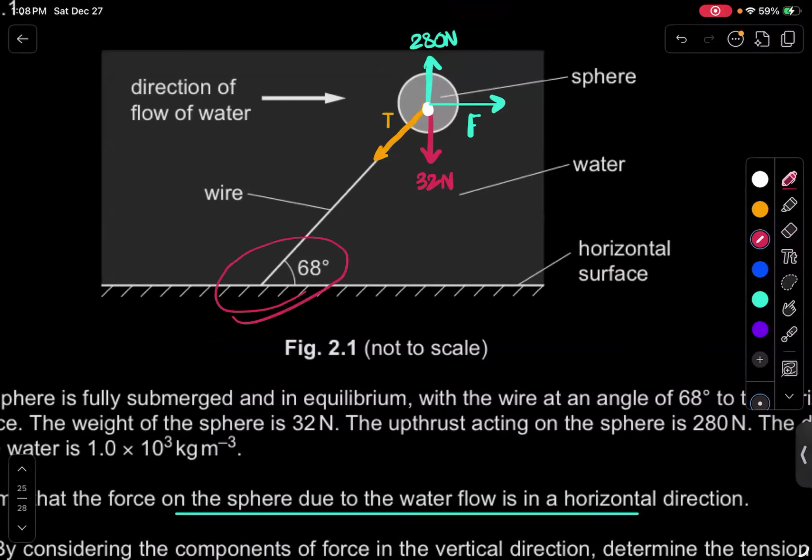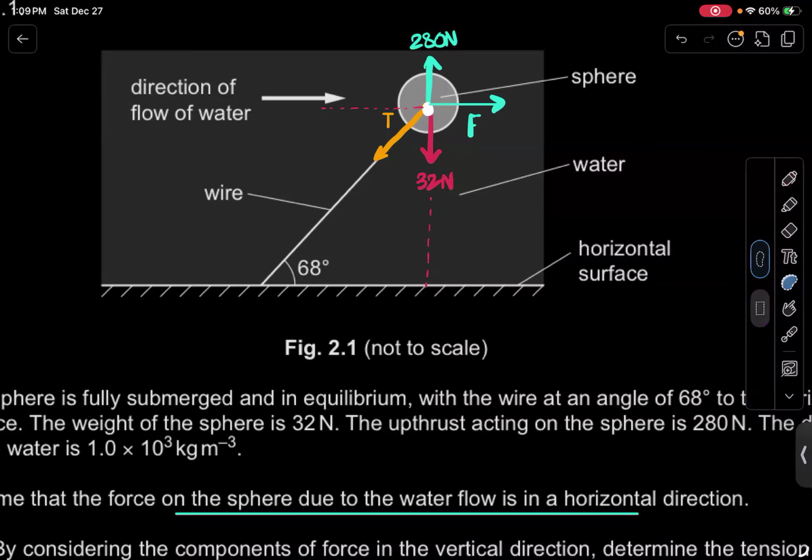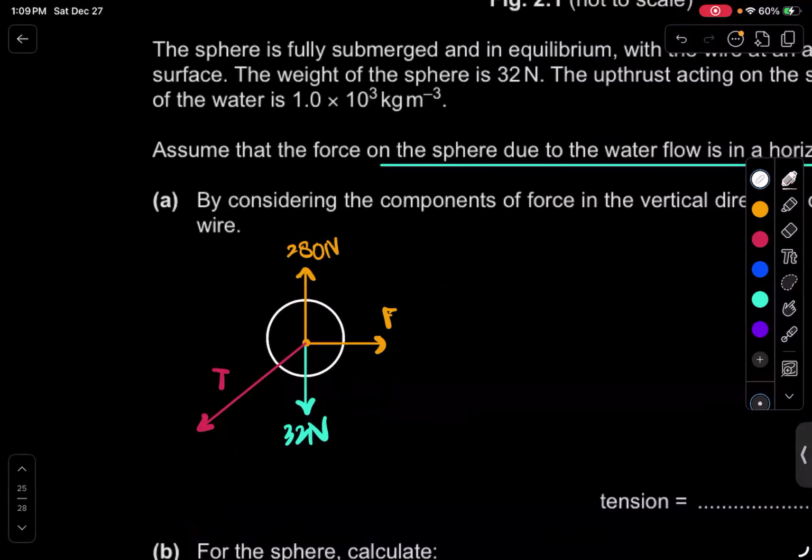So if this is 68 degrees, what is this angle? If that is 68 degrees, then this angle is also 68 degrees, right? It makes a Z. And if you have that angle, then it's just a composition of the vectors.